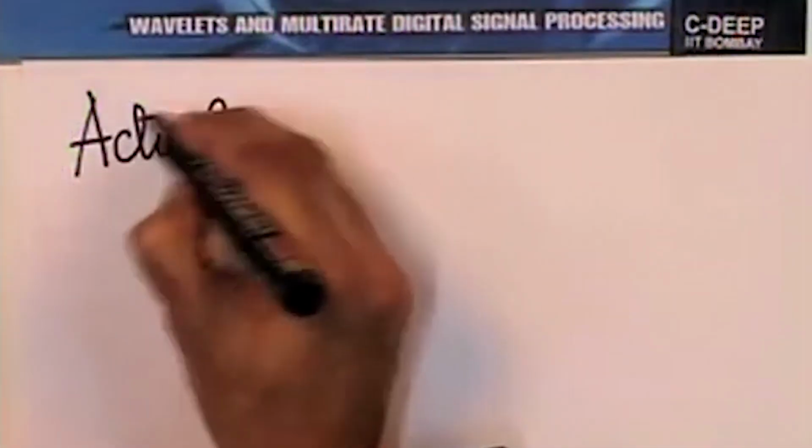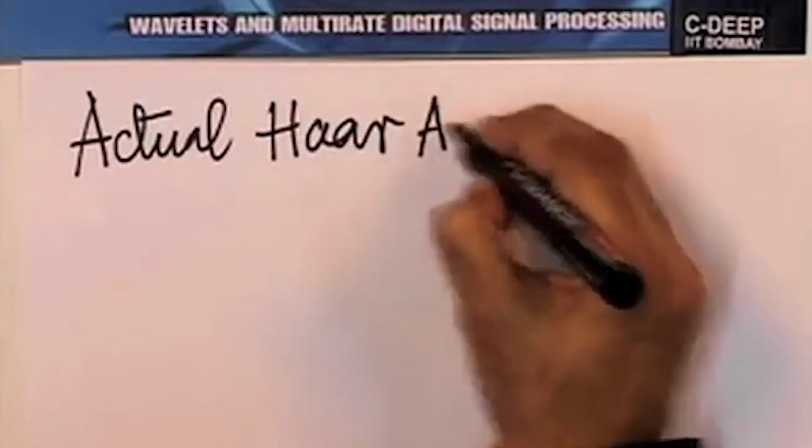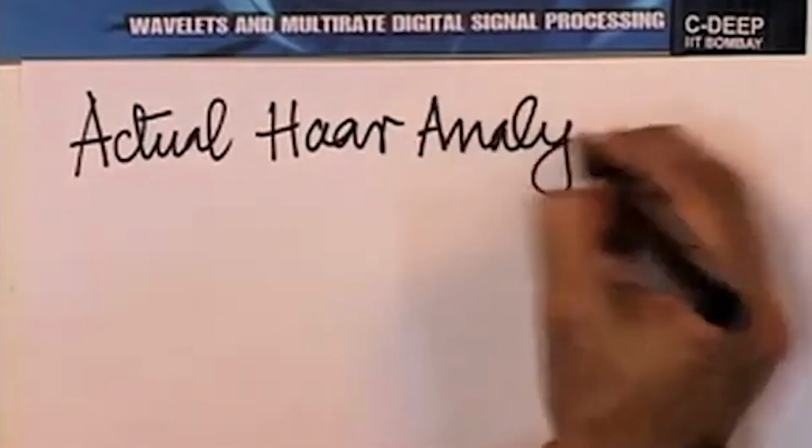So, let me put down first the actual frequency responses once again, and then the ideal frequency responses towards which we are trying to move. So, the actual Haar analysis filter responses.